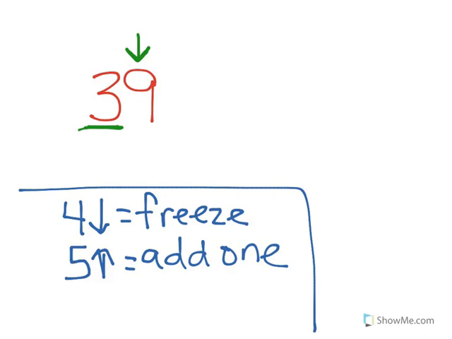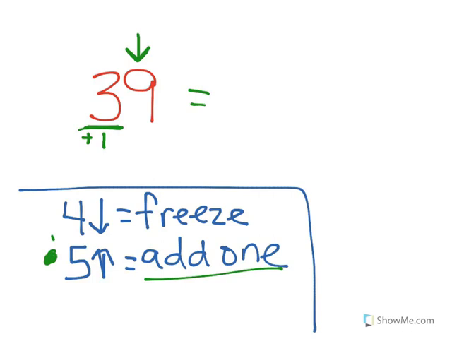So the nosy neighbor thinks he can tell the 3 what to do. He's saying, hey, I'm a 9, and according to these rules, the 9 is 5 or greater. So 3, you have to add one more. So I'm going to put a little tiny 1 underneath that 3. That way it's a little easier to see.